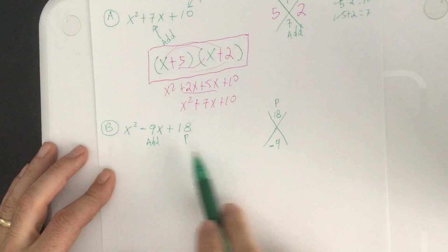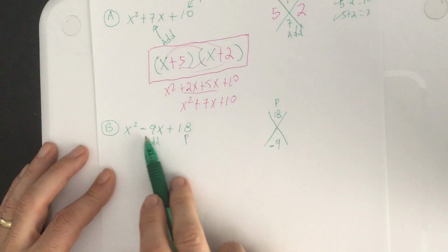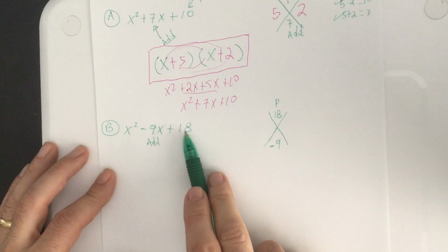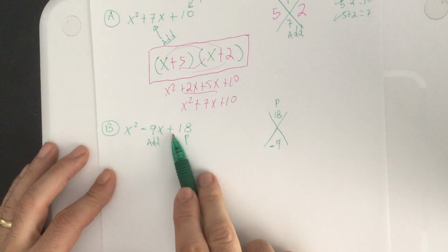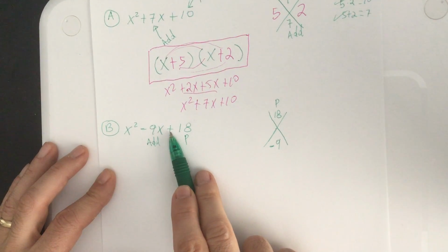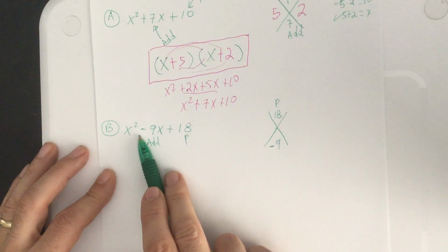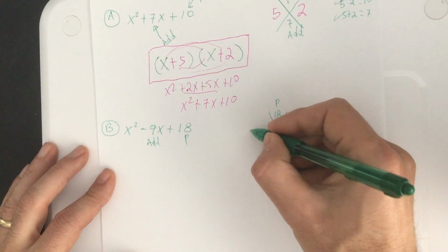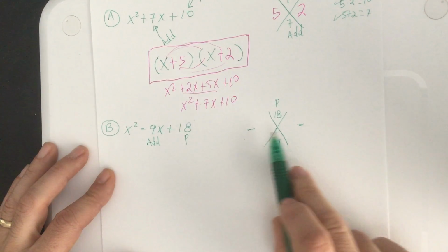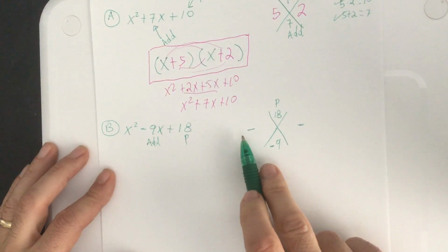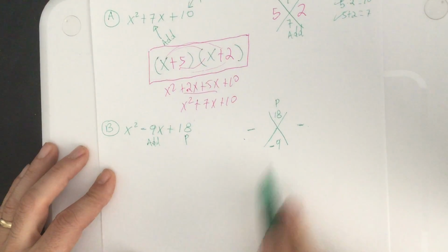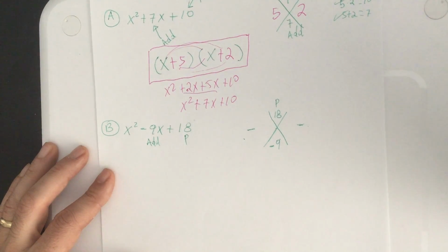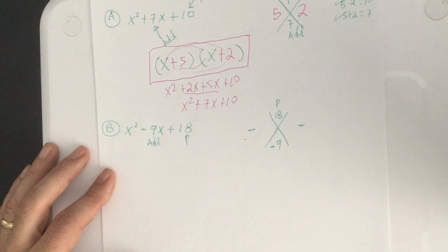When you multiply a negative times a negative, you get a positive. So this tells me that the product is positive and you're going to have two negatives, because a negative times a negative is a positive and a negative plus a negative gives you a negative. So I know my two numbers are going to be negative.